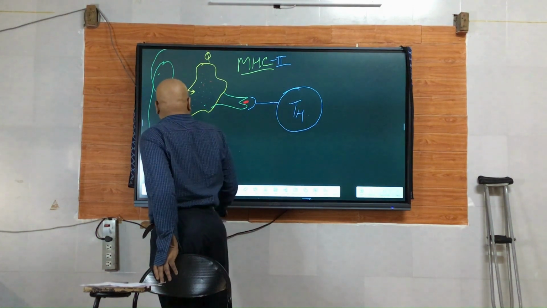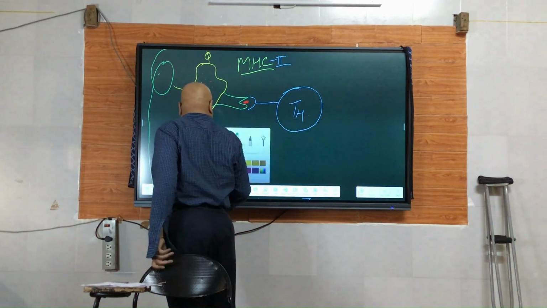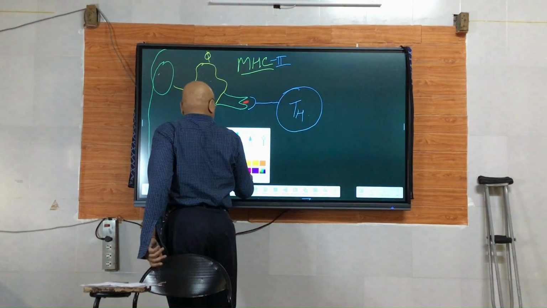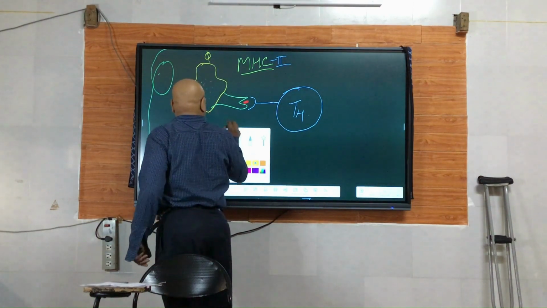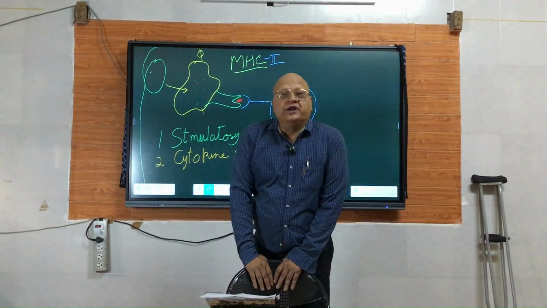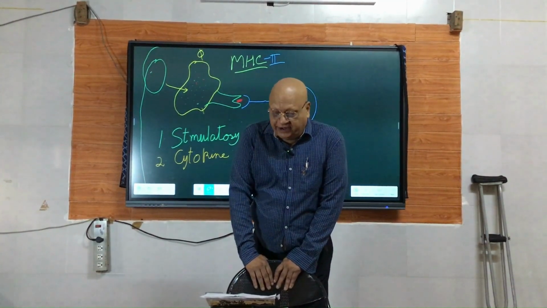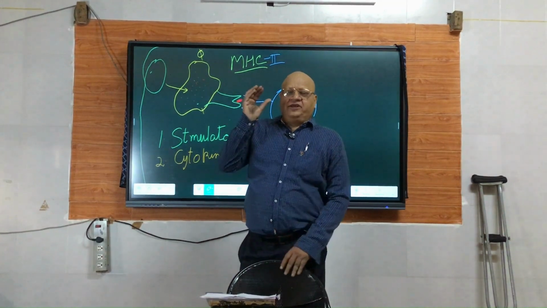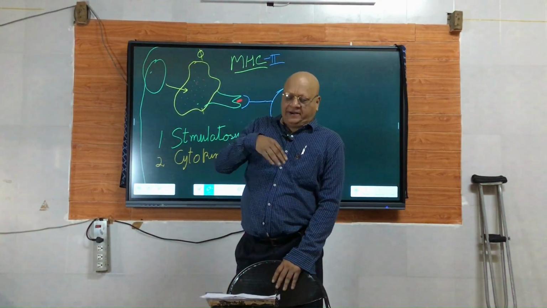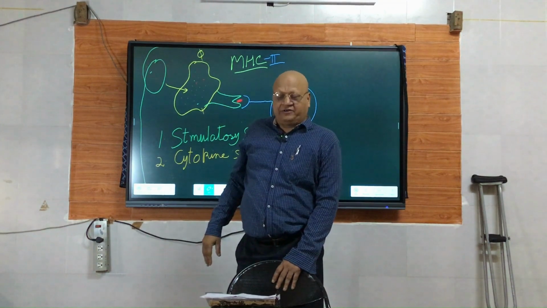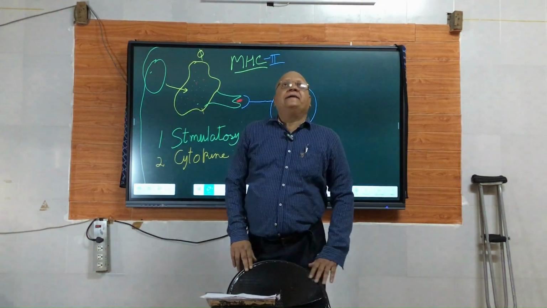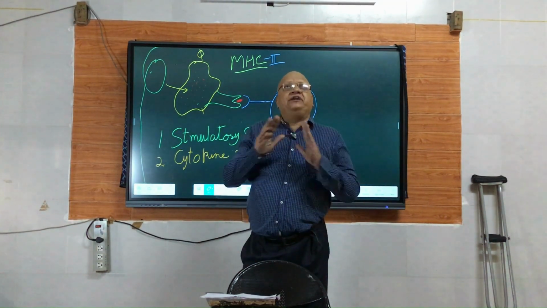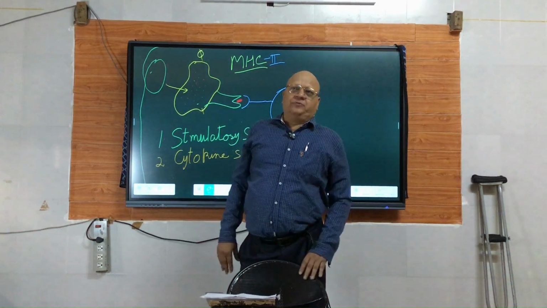Alright, now comes into the picture a second signal which is called the cytokine signal. Cytokines are soluble mediators of all immune responses. They are of very small molecular weight and have a very short half-life, and they control various cells of various wings of the immune response.